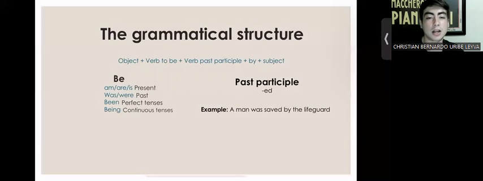The grammatical structure is object plus verb to be plus past participle plus by the subject.